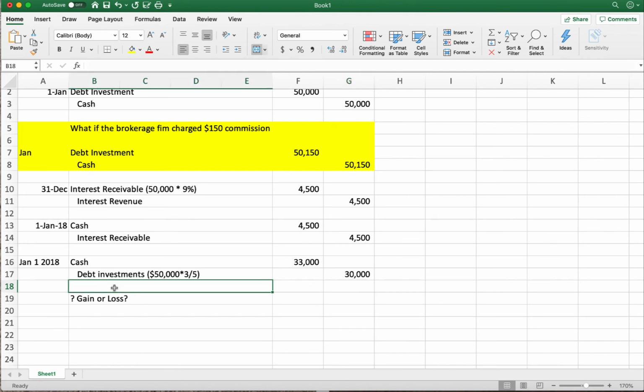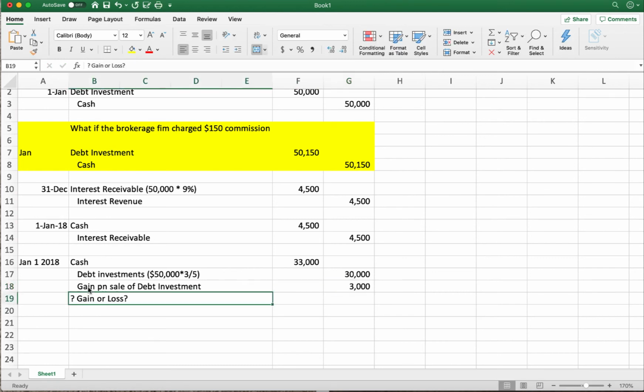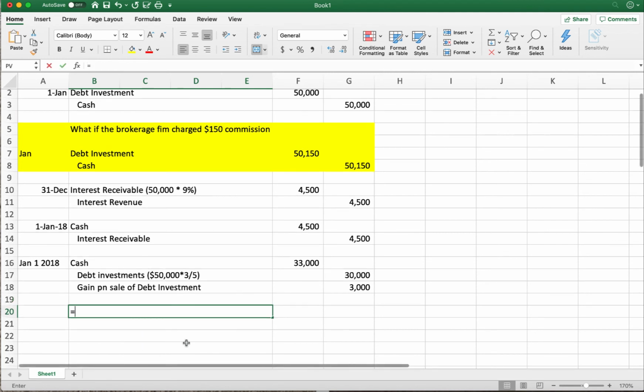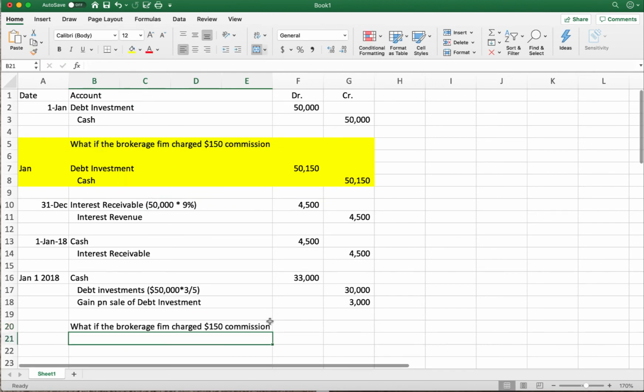So we then have a gain, right? So I need to credit my gains. So I'm going to say gain on sale of debt investment is going to be $3,000. Okay? Now, let's say for a moment that in order to do this sale, our brokerage firm charges us $150 commission. Now what do we do?